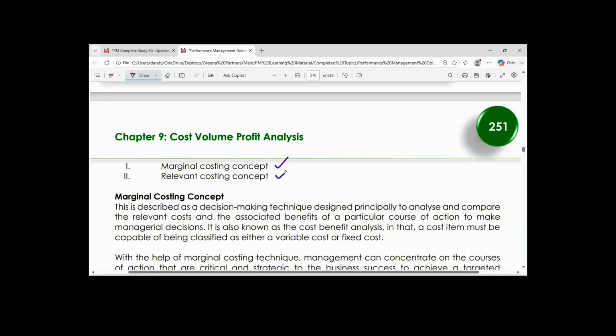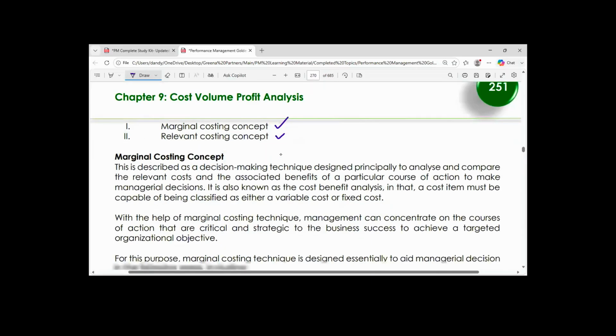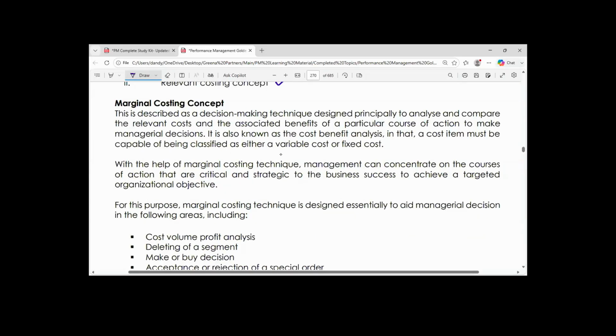You then begin to explain each of them, by saying that marginal costing technique is described as a decision-making technique designed principally to analyze and compare the relevant costs and the associated benefits of a particular course of action in making managerial decisions.